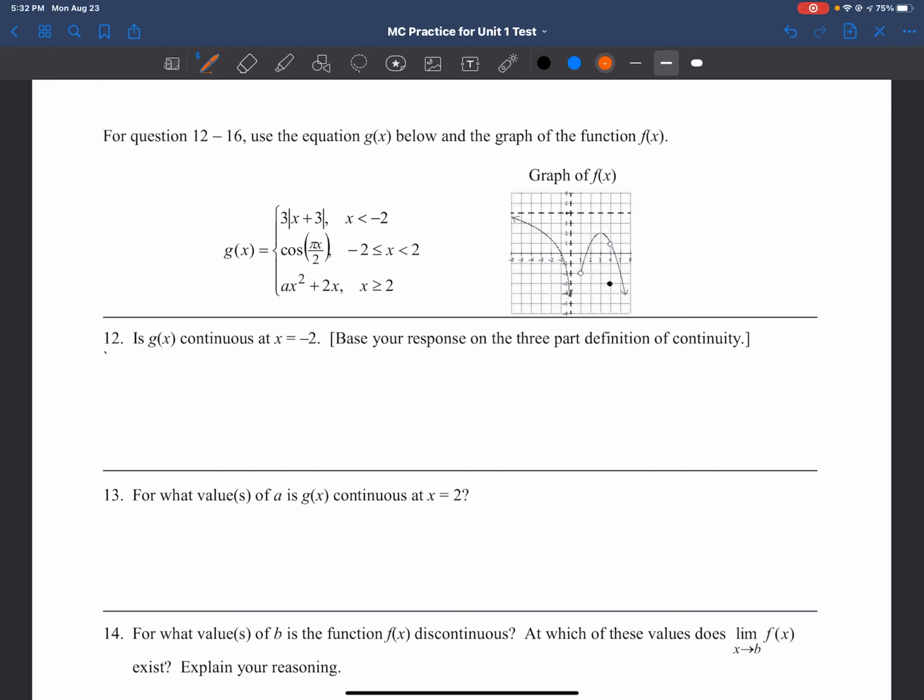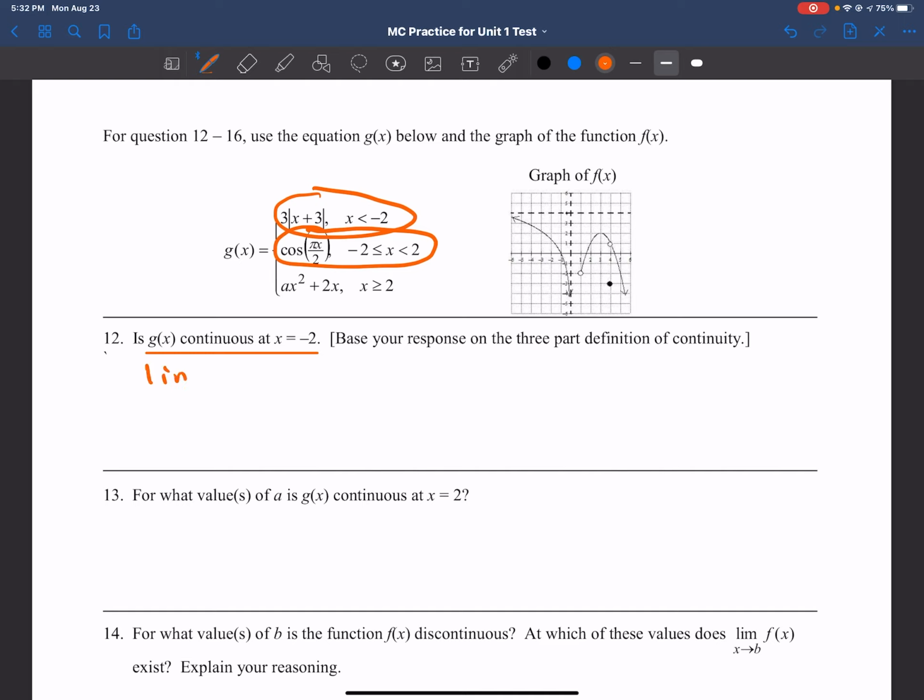Okay, so for question 12, it says, is g of x continuous at -2? So we want to use this equation and this. So we just plug in -2.